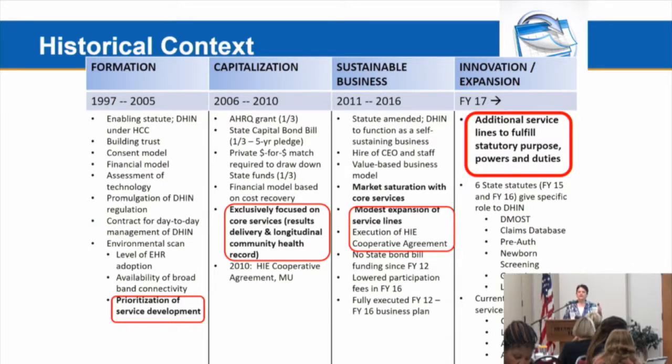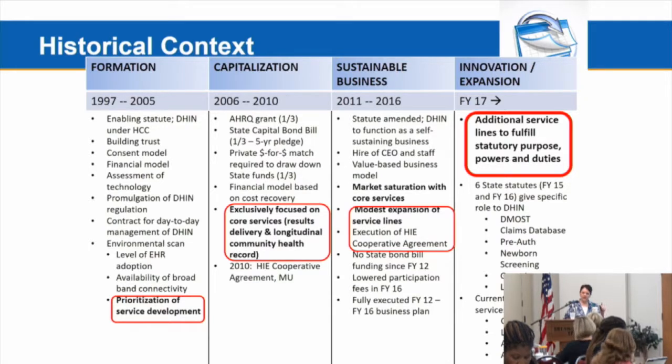So that gave us an infusion of capital to go out and do an RFP and acquire technology. But we also had a 5-year commitment from the state to provide us with 5 years of capital funding to the tune of $3 million a year. I take that back, it was $9 million over a 5-year period.